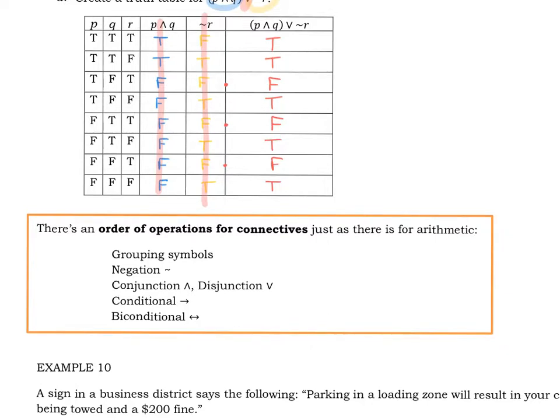If there's no negation within the grouping symbol, then a grouping symbol outside. Conjunction and disjunction get equal priority, and then conditionals, and then biconditionals. There are times that that will help you. Most of the time what you're going to be dealing with is the grouping symbols. So work on your grouping symbols and your negations and then put the rest together.